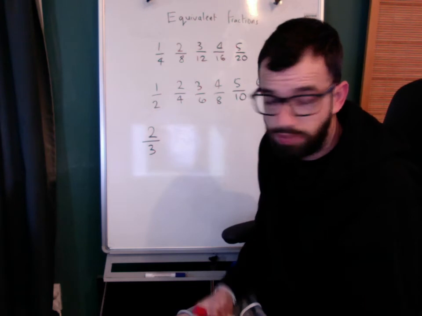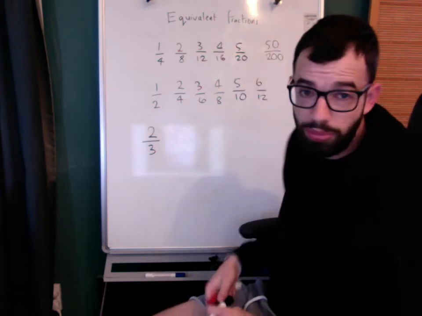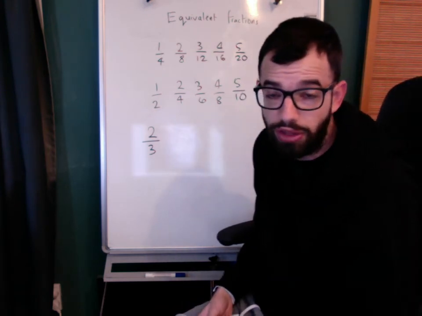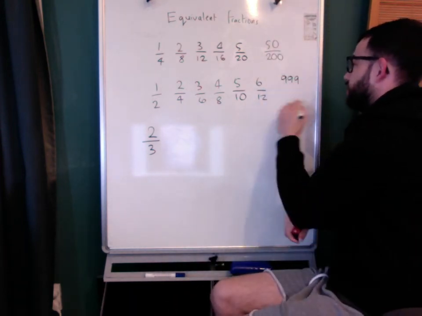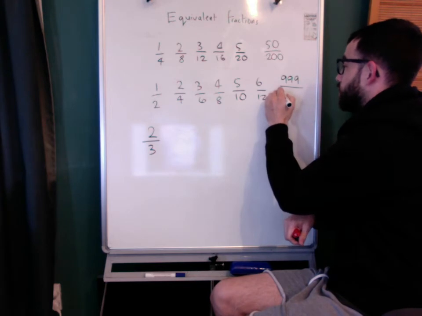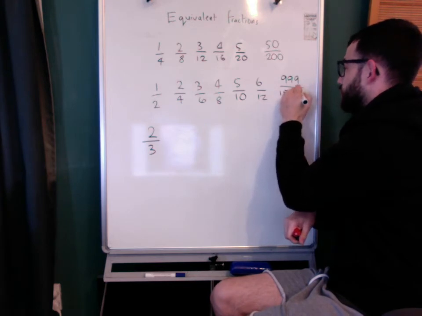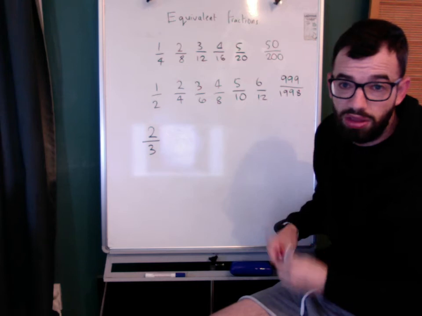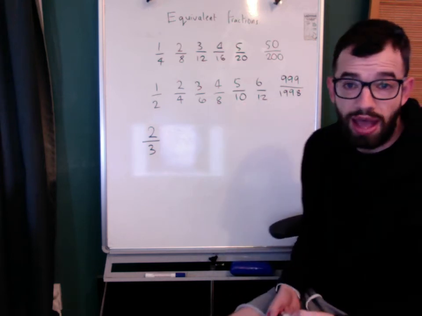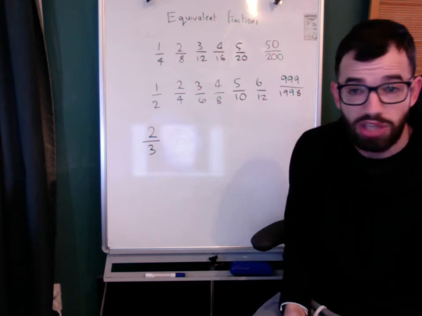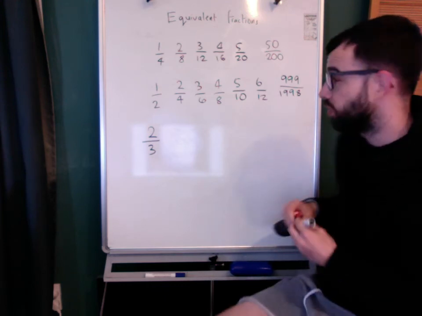But the trick is, whatever number's on the top, the one on the bottom needs to be double it. So I could say that we're going to look at 999, and that is then going to be 1998. It's just some really simple stuff. All of these are equivalent to half. If someone asks you what's a half, or can you draw me half, you could easily do these.